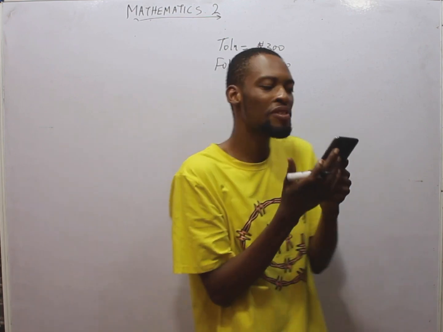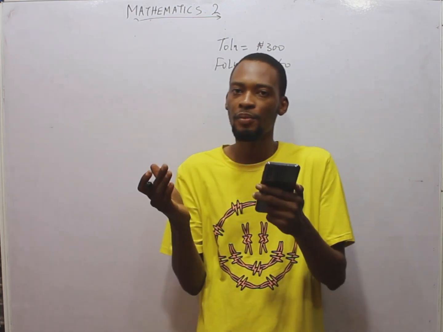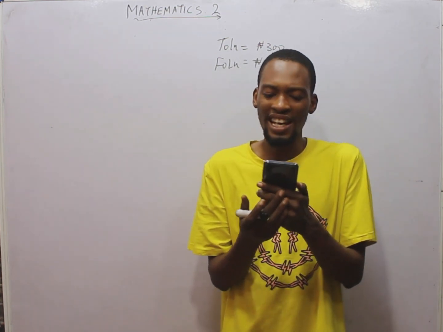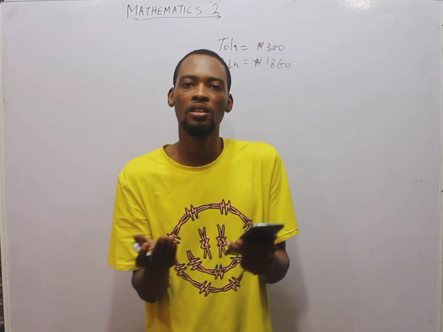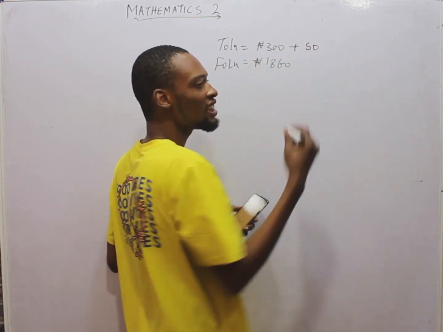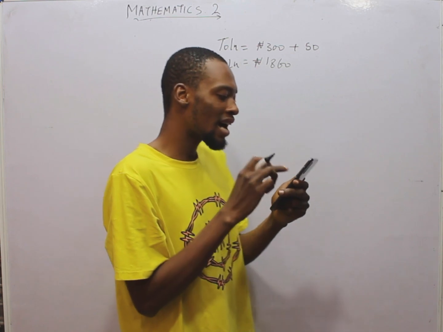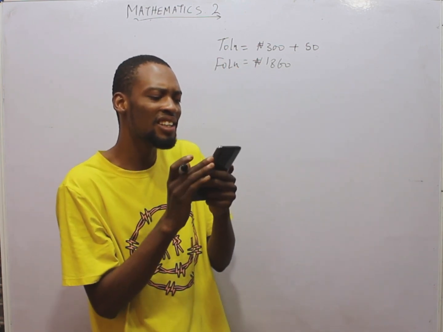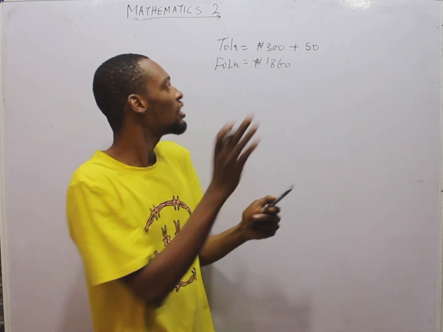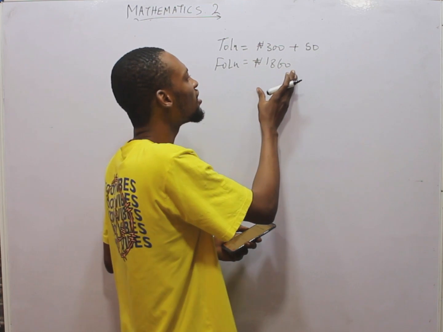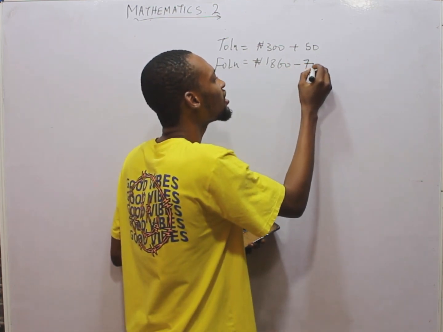If Tolu saves 50 naira a day, which means every day Tolu gets an addition of 50 naira. Therefore, here will be 300 plus 50 naira daily. And Folu spends 70 naira a day. So this guy adds 50 naira to his amount daily. This one removes 70 naira daily.